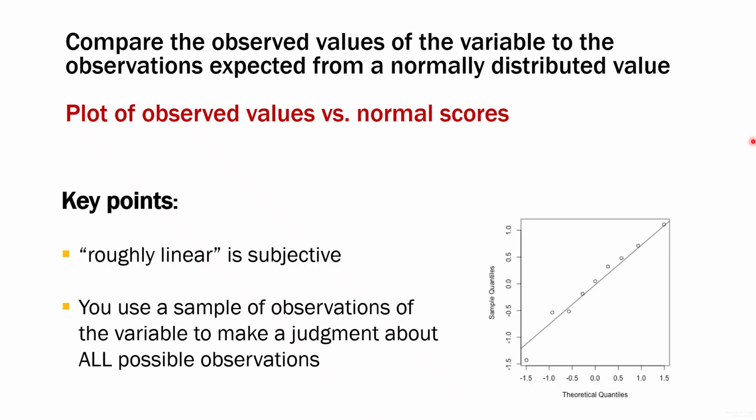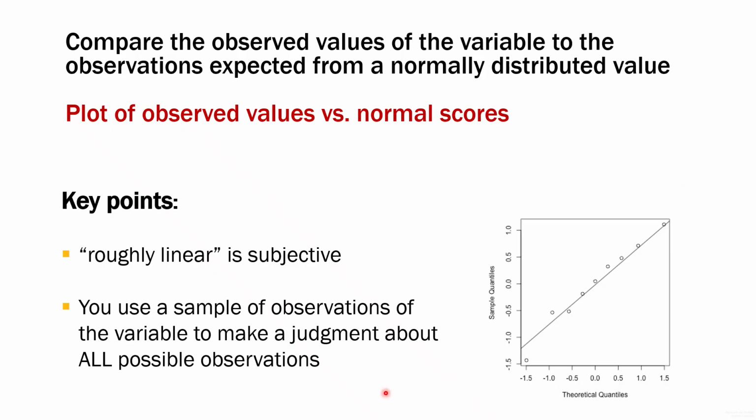So we need to look at what I'm talking about. When you do your normal probability plots or your QQ plots in lab, you will generate something that looks like this, where you've got data points and you'll have a line. And that's what we're talking about with roughly linear.